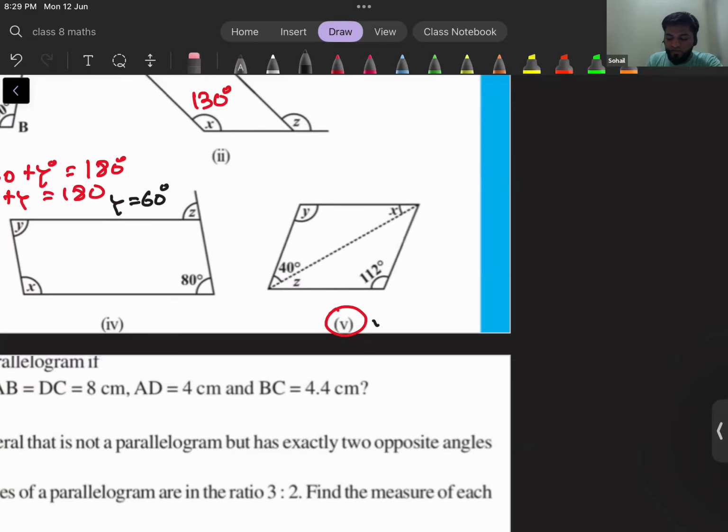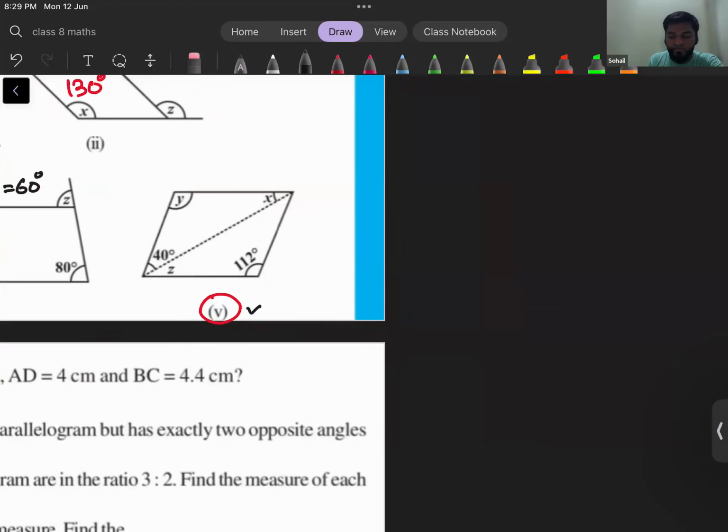Similarly, see figure number 5 here. Now here you need to apply the concept of alternate interior angles. Look, this is a parallel line, and this is an alternate here. When a parallel line is cut by a transversal, this is a transversal.